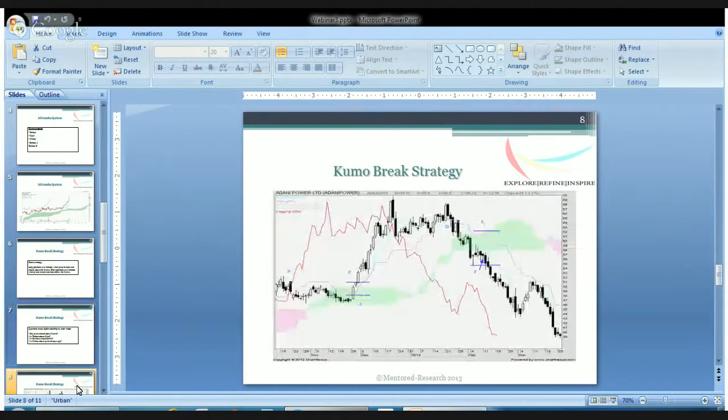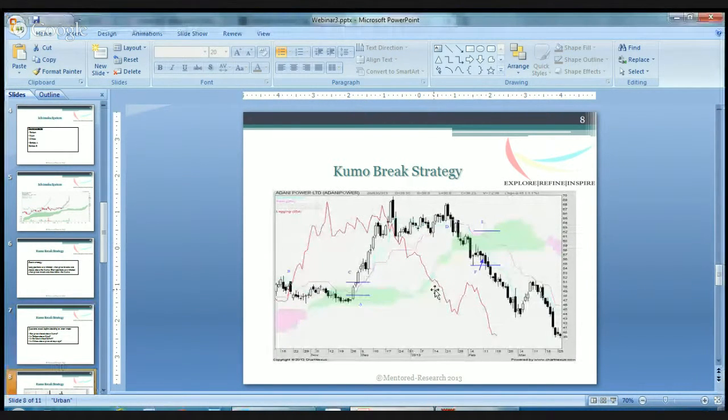Okay, so let's look at this chart here. There are two Kumo break strategies on this one. First is this one back here, which is a bullish strategy, and the second one is a bearish strategy. Okay, so let's look at the first Kumo break strategy here.